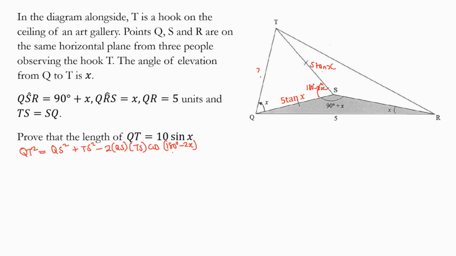Let's substitute what we have. QT squared is equal to QS, which is 5 tan x, squared, plus TS, which is 5 tan x, squared, minus 2 times 5 tan x times 5 tan x, and then cos 180 degrees minus 2x.